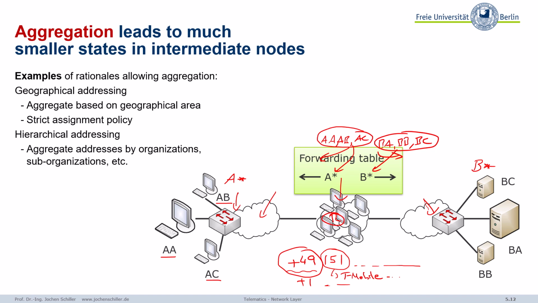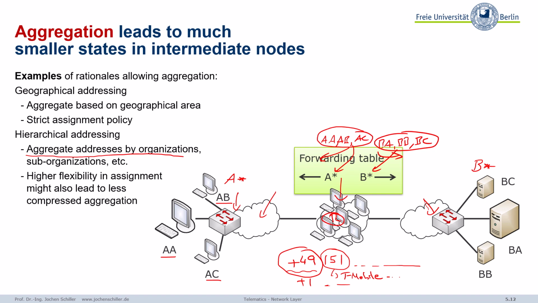We can also think of hierarchies based on organizations, sub-organizations, etc. That's a bit more flexible. Maybe you have a company that works all over the globe and other companies operating in different countries, then you aggregate addresses by organization, so that one organization starts with A and then something, and the other starts with B and then something.